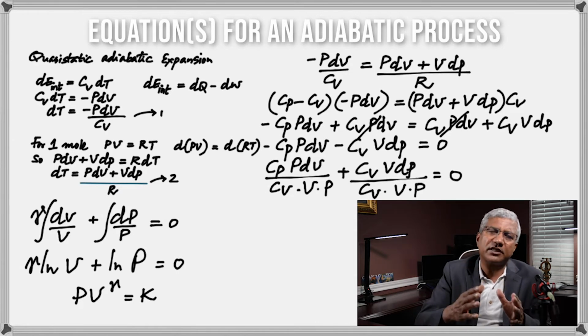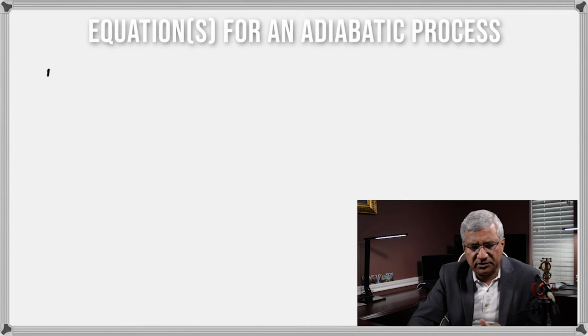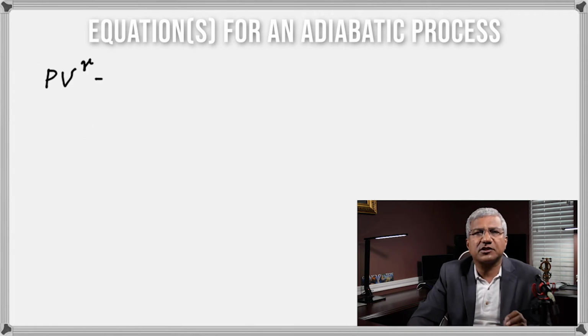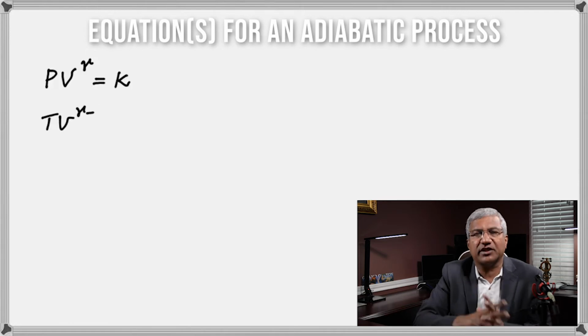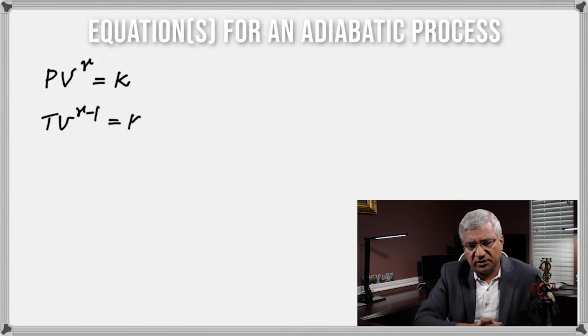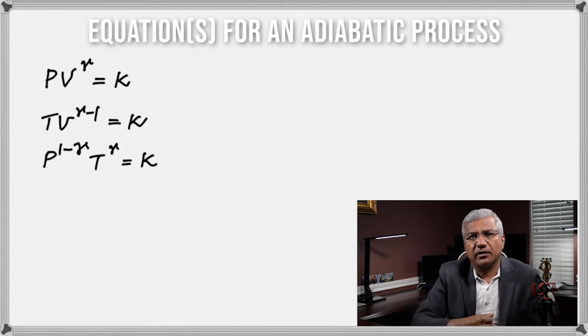Now from this equation we can get two more equations simply by using the ideal gas equation. So these are the three equations, and I'm going to show you how to get the second one, and then you can get the third one in a similar manner.